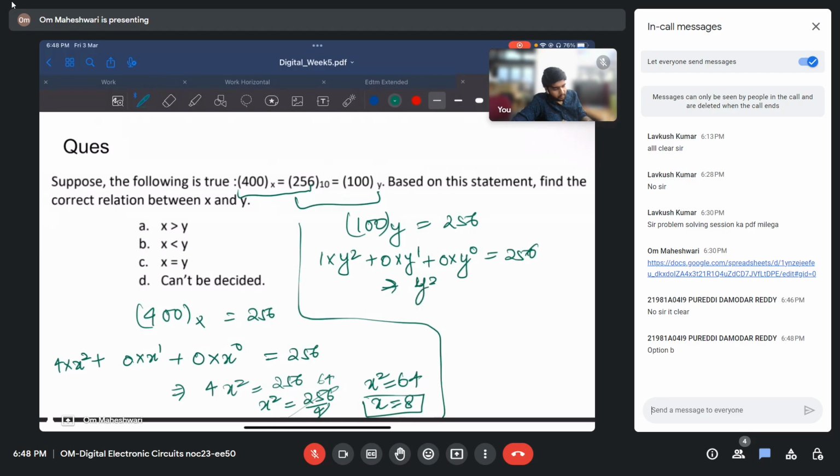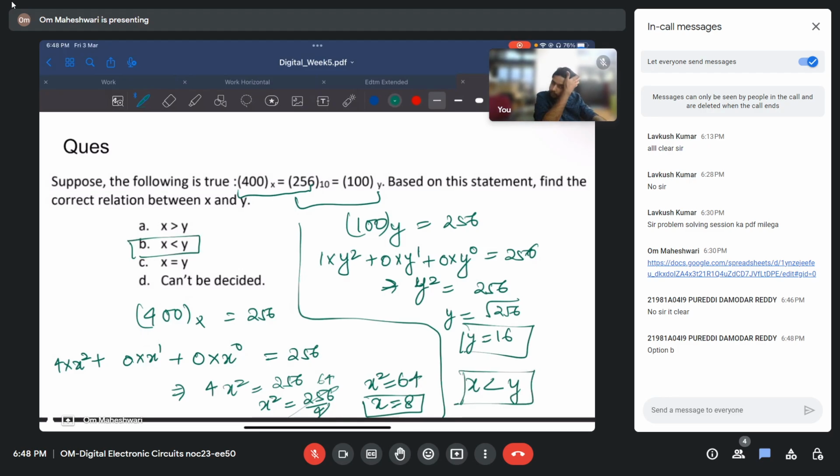Y square equals 256, so y equals under root 256, that is y equals 16. So we can see x is less than y. B is the answer. Yes, you are right, option B is the answer. This is fairly simple. You just find the equation for both of these terms and then you can find the radix easily.